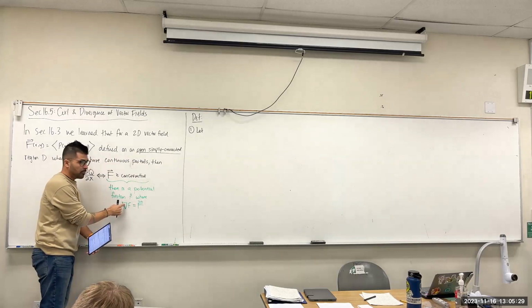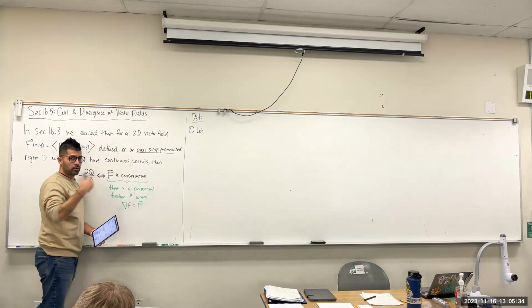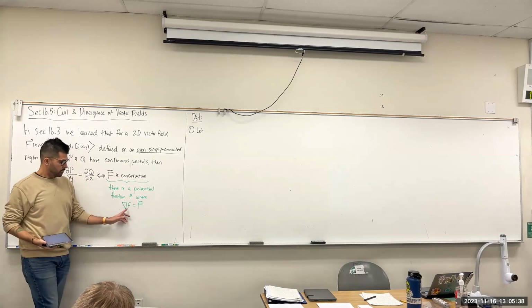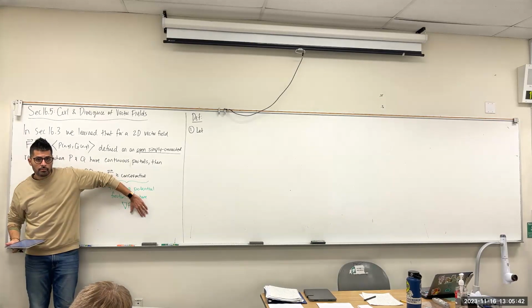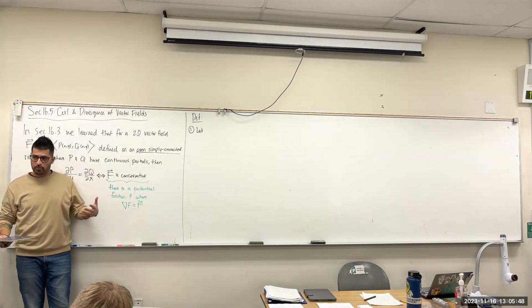When you guys see this symbol next to the little f, what does your brain do? What do you know you have to do after that? When you guys first learned the gradient, right? So what did you do to f? Took partials, made it into a vector, right?